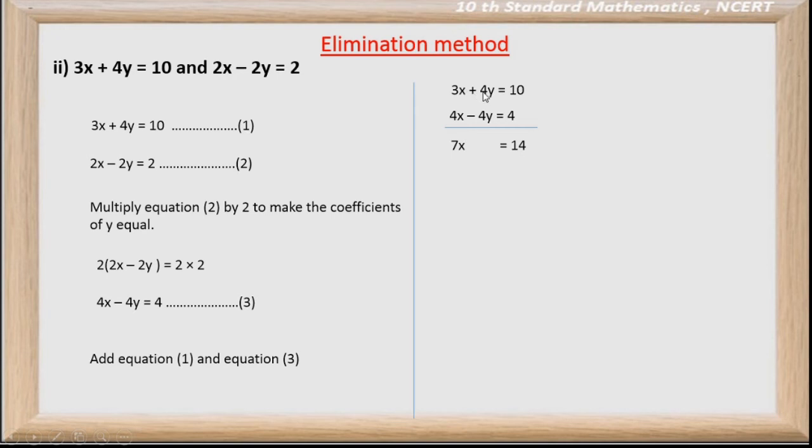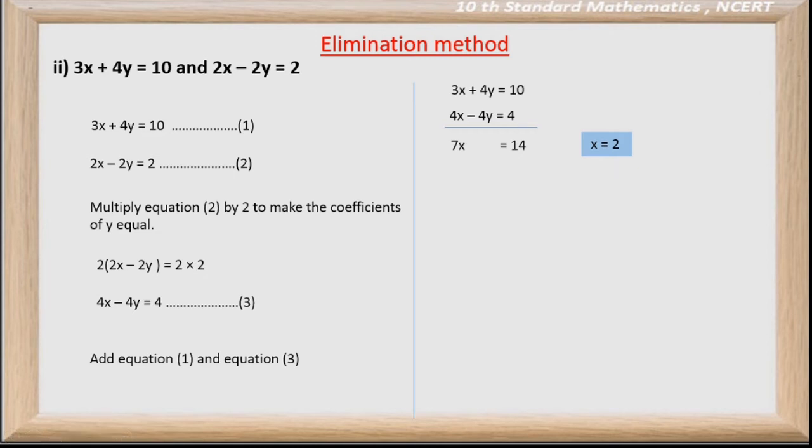And 4y, here also 4y. See here, this is plus and this is minus, so this term gets eliminated. And 10 plus 4 is 14. Now we will get x equal to 2. How? See here, 7x equal to 14. So x equal to 14 by 7 is 2. Now we got the value of x.